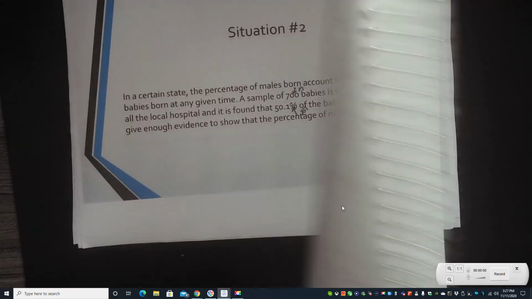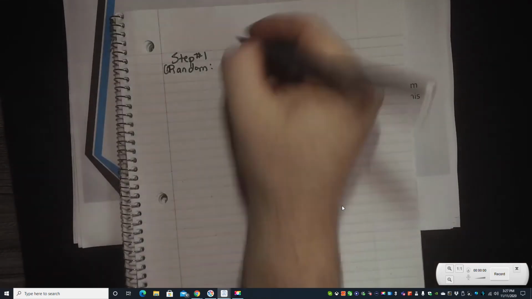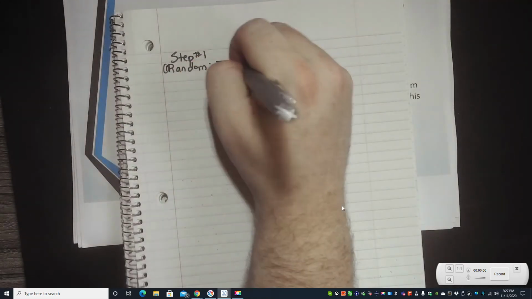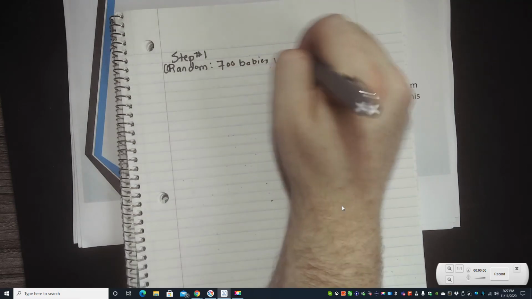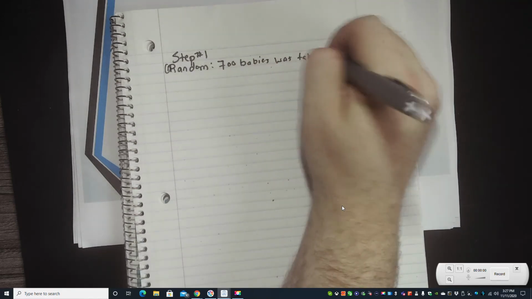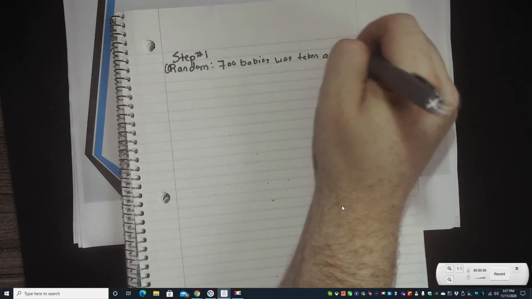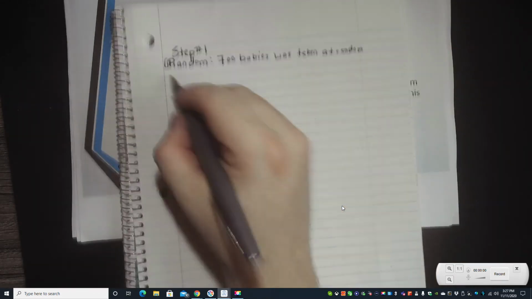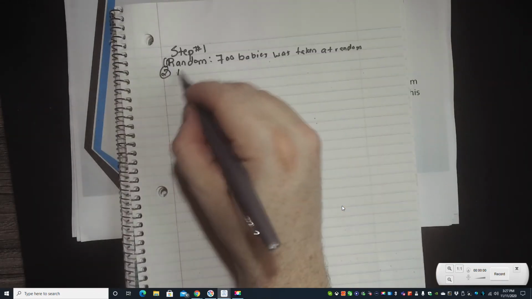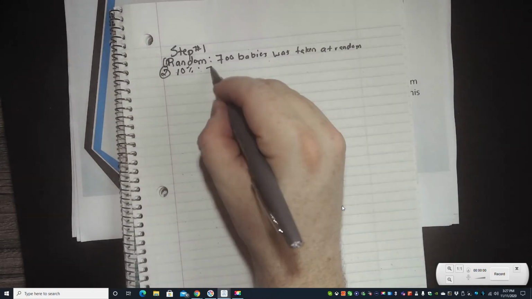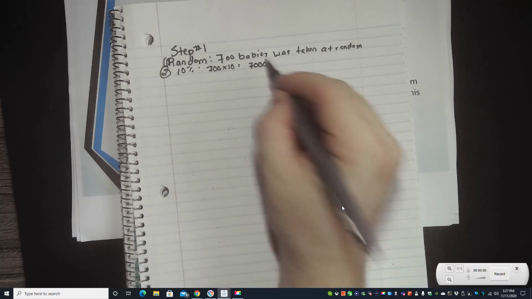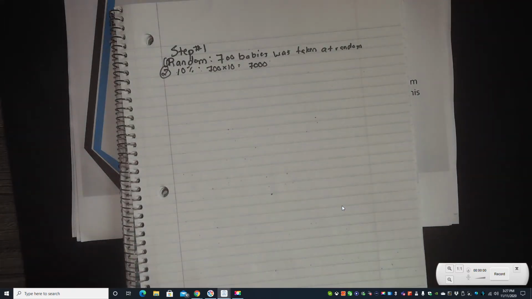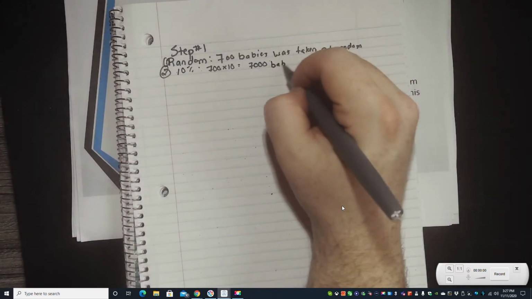So random, we are working with 700 babies, so 700 babies was taken at random. It's kind of a weird sentence. You're not going to ever take babies, but you know what I'm trying to say. 10%. 700 times 10 gives me 7,000. I'm fully willing to believe that 7,000 babies is less than all the babies born in this area.